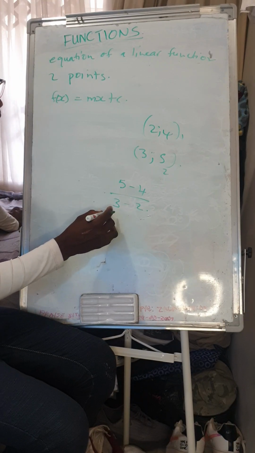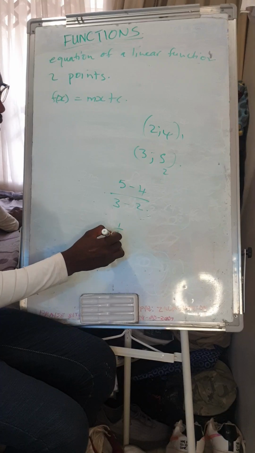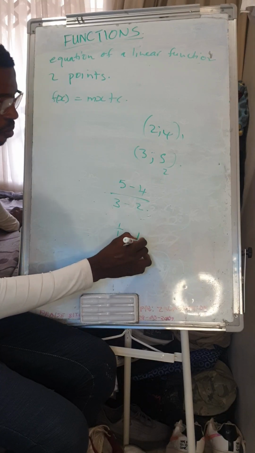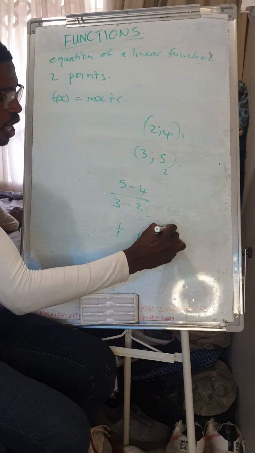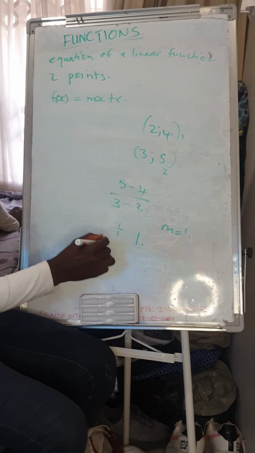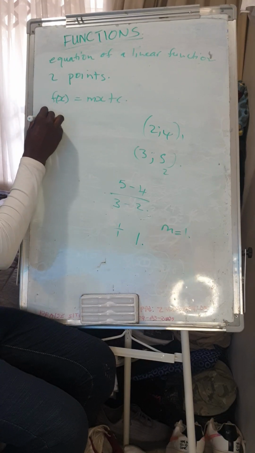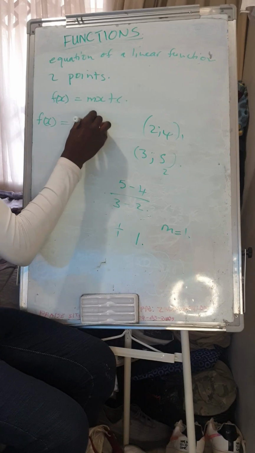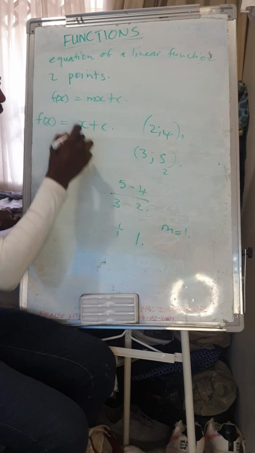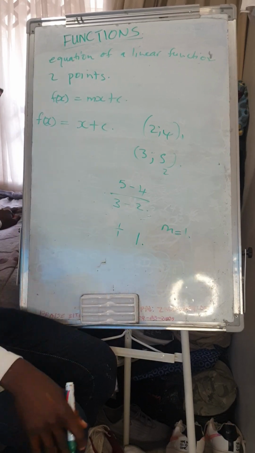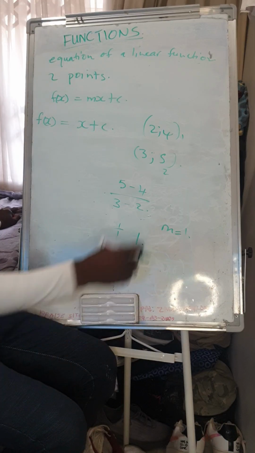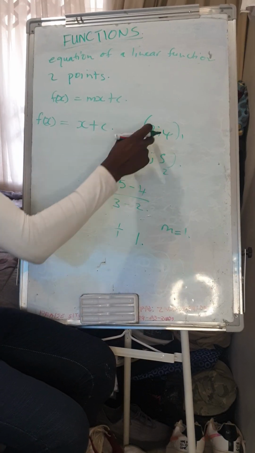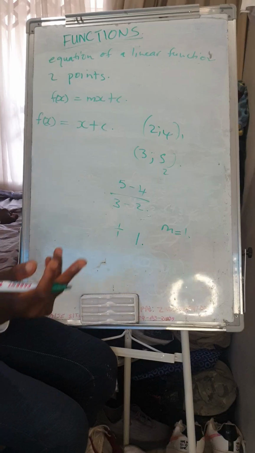What is going to be our gradient? 1 over 1, so our gradient is 1. So we know that m is equal to 1. So we can say f of x equals x plus c, because that's the 1x here.